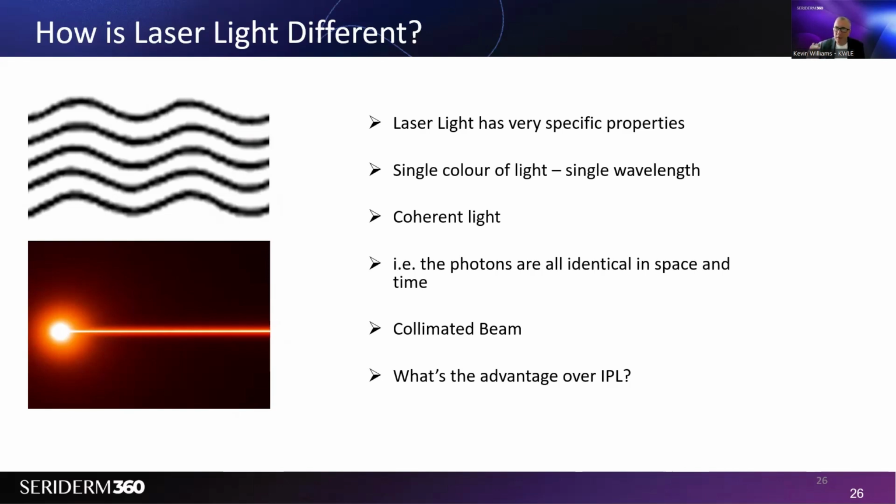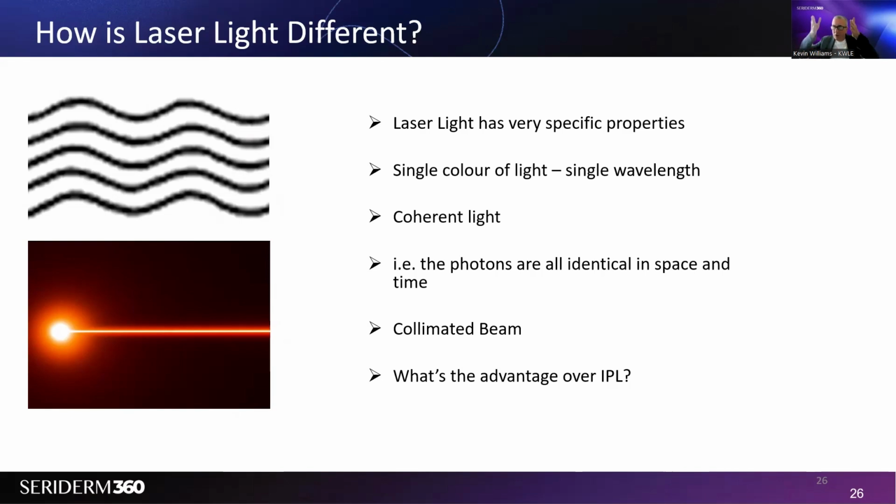Well, the outstanding advantage is you can choose a wavelength specifically to target an individual chromophore. So if I want to do something like a leg vein, I can choose the right wavelength that's going to target the particular depth and the oxyhemoglobin to get the best absorption possible.